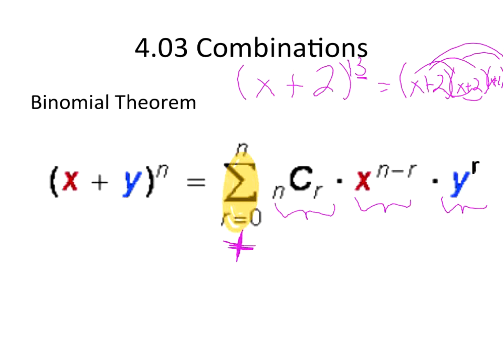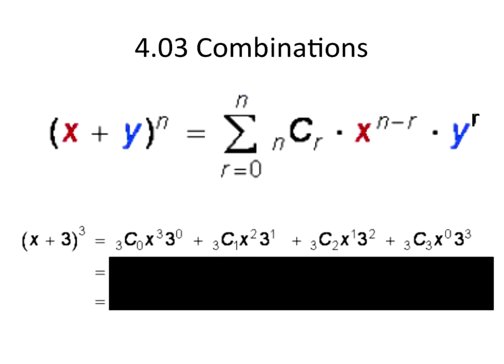The X is going to come from your first term, the Y from your second term. So it's not as scary as it first appears. It's just a summation problem with 3 pieces: a combination portion, an X portion, and a Y portion.